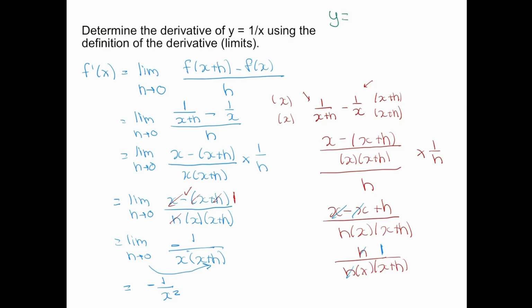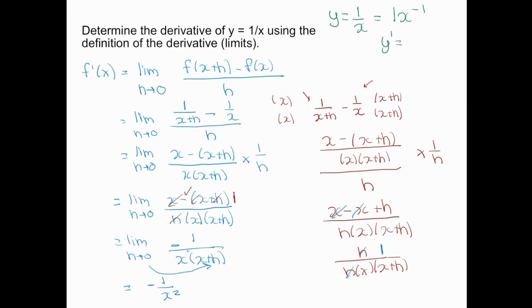So we have y equals 1 over x. Remember, anytime we have 1 over anything, we really can say that that's x raised to the power of -1. I know how to use the power rule to solve this. I bring down the power, multiply it by the constant in front, and then subtract 1 from my power.